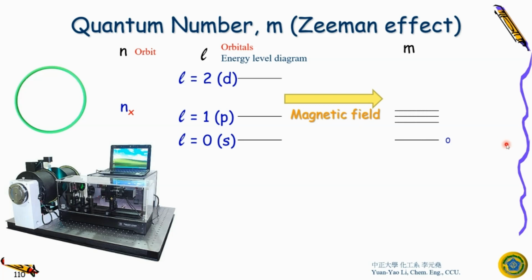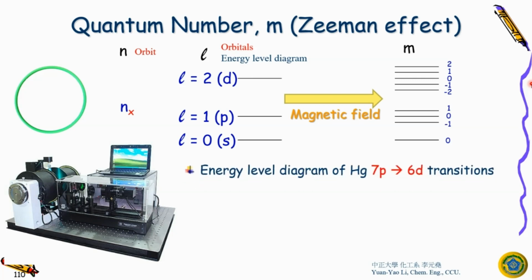If you apply a magnetic field to the orbital L equal to 1, which is the P orbital, the energy will split from 1 to 3 energy states. If you apply a magnetic field to L equal to 2, which is the D orbital, then the energy will split into 5: 2, 1, 0, -1, -2. That is what's going on for the quantum number M.